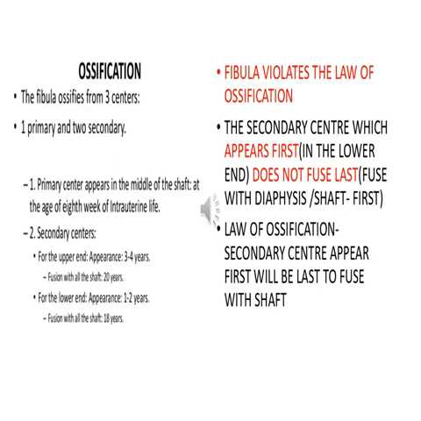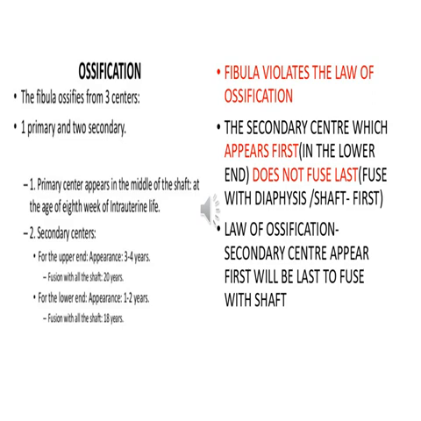Regarding the ossification, the law of ossification or the ossification of the fibula is important because it violates the law of ossification. So for that you have to know what is ossification.